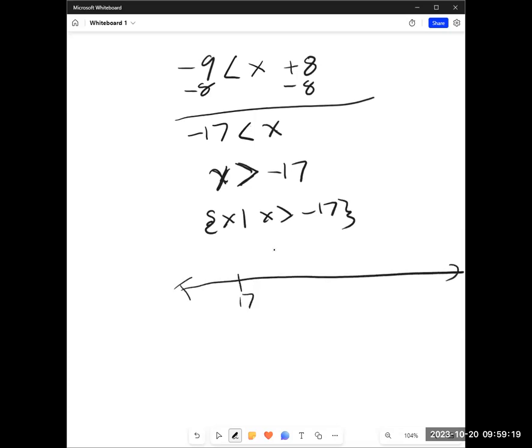Negative 17, and I want strictly greater than. So open circle because negative 17 is not included. And I want to go to the right since it's greater than. So in interval notation, this is going to be negative 17 to infinity.